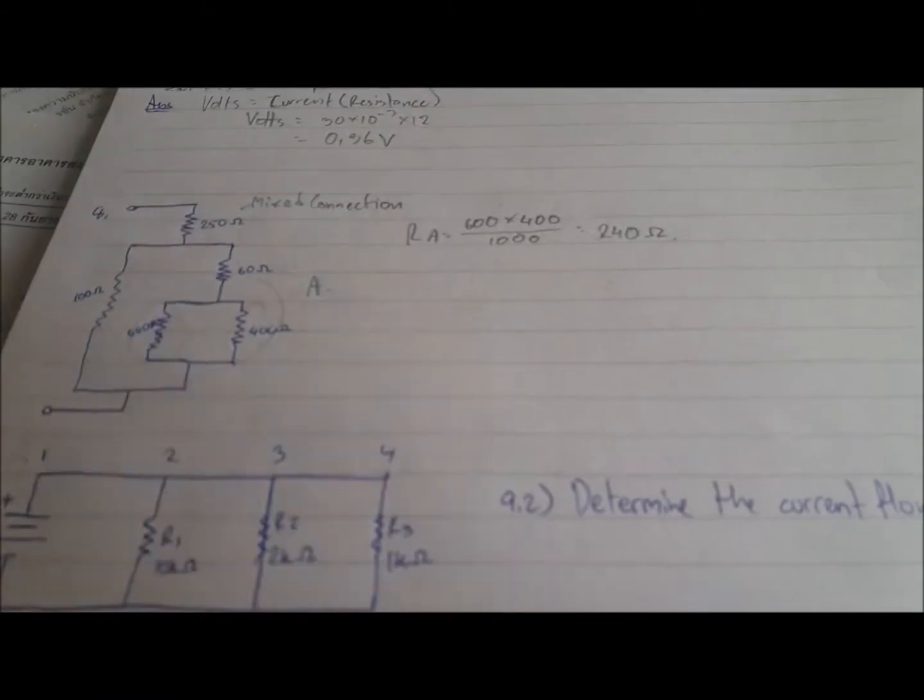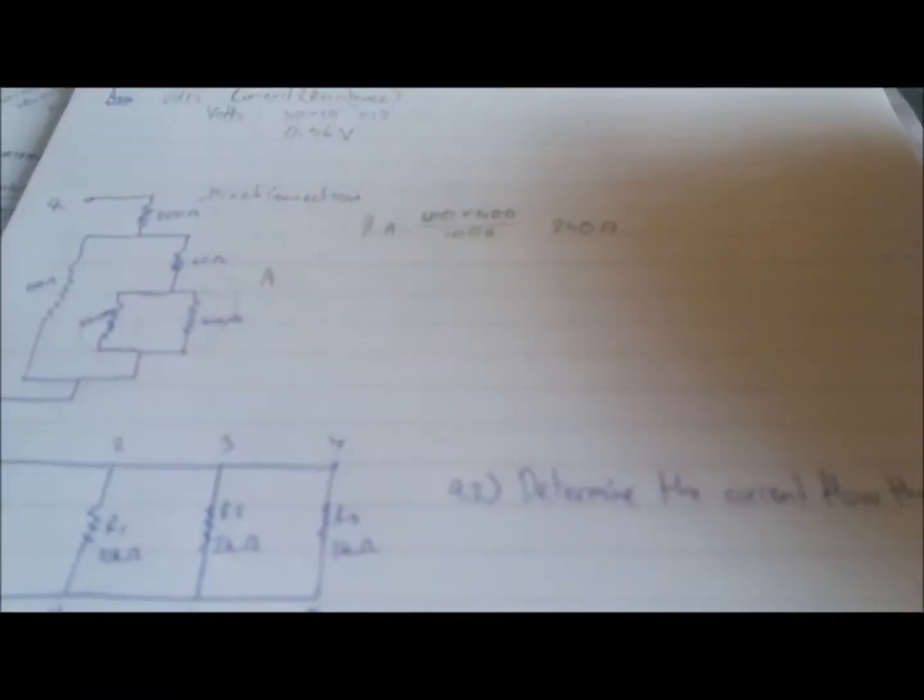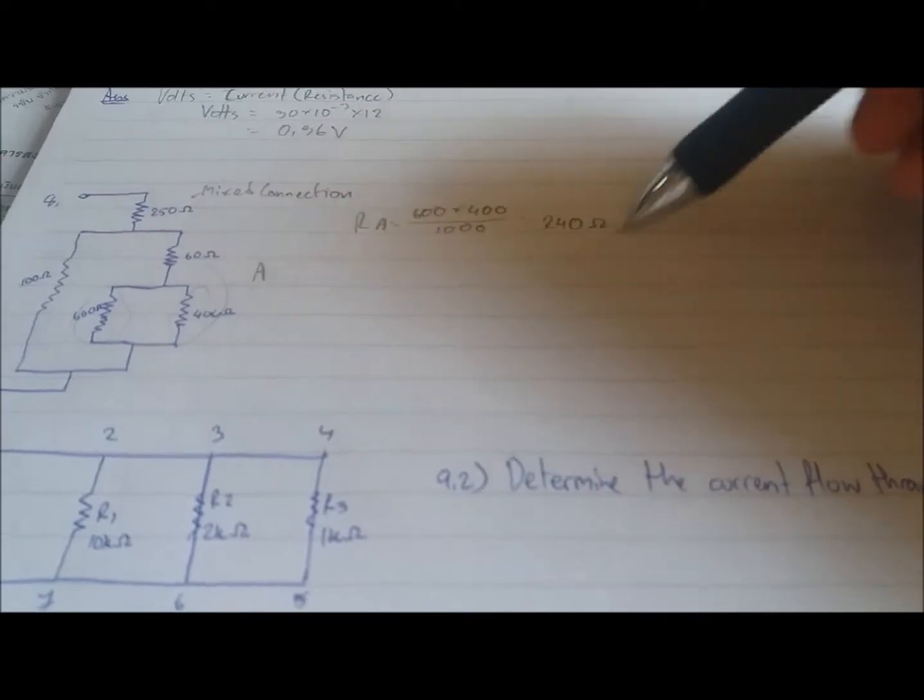Okay, thank you. So we got the 240 ohms here, right? We're going to later use this in the next row, which is the row here in total. So I'm going to call this row B. For row B, you only need to add up, because this row here equals the total of one row, and we're going to take 60 ohms.